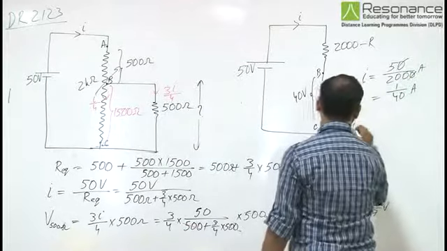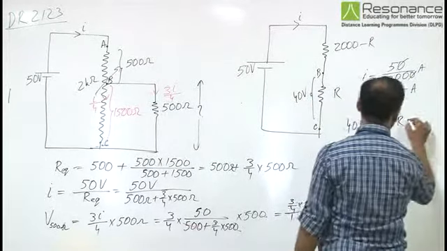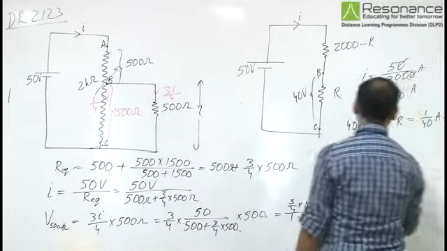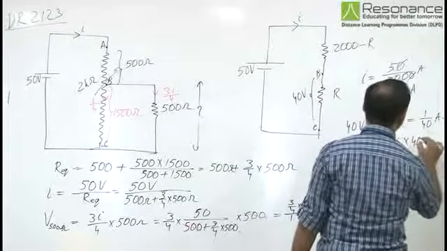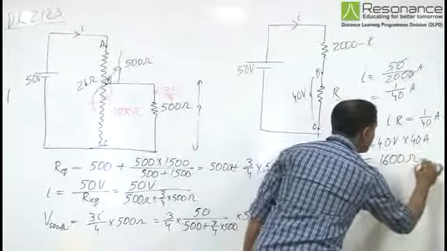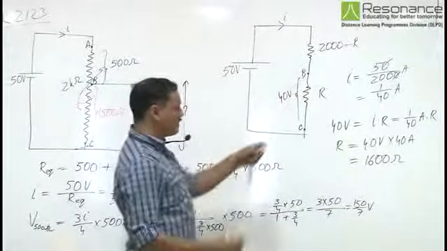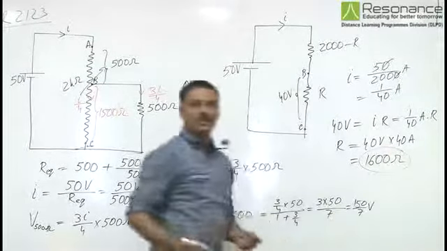So 40 volt is equal to I into R, that is 1 upon 40 ampere into R, or R is equal to 40 volt into 40 ampere, that is equal to 1600 ohm resistance. So resistance across BC will be 1600 ohm.